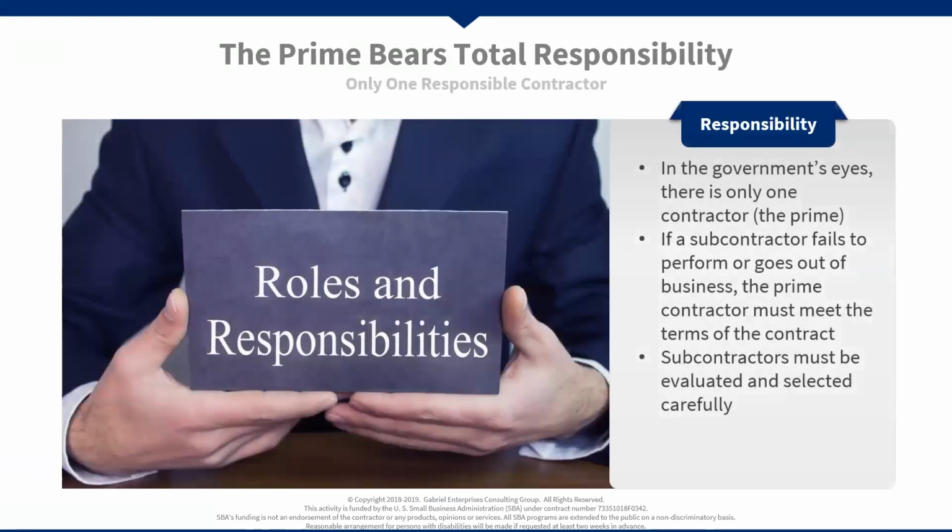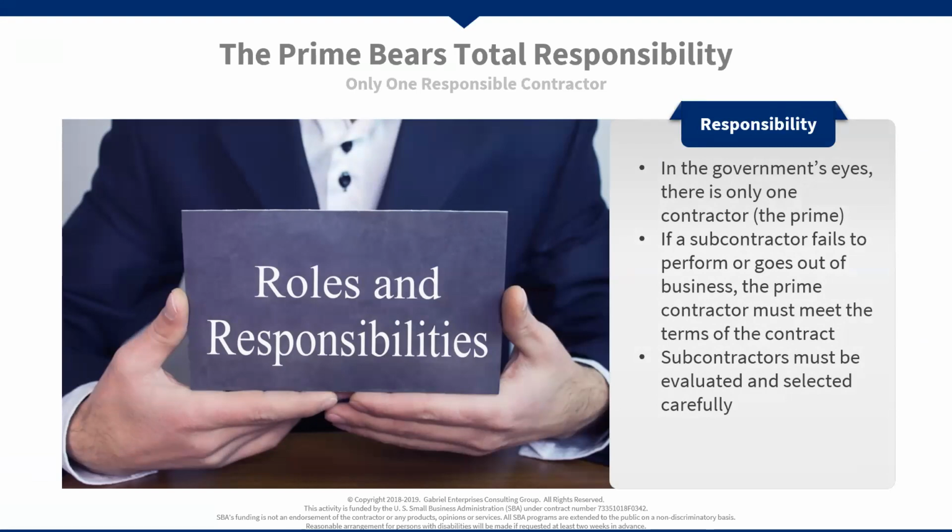Okay, so kind of getting back to the big picture on how these are going to work. The prime has the ultimate responsibility for performance in the government's eyes. If a subcontractor goes out of business or just doesn't do the work, doesn't get there on time, it's the prime contractor that has that responsibility to find someone else to do the work or self-perform the work in some cases.